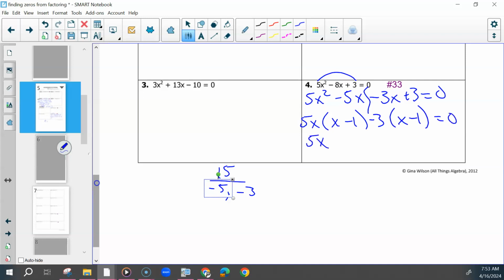And then when we write both of our factors, and then set them both equal to 0, go ahead and solve this one.